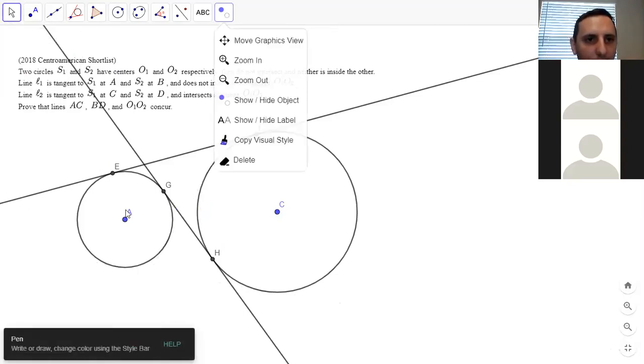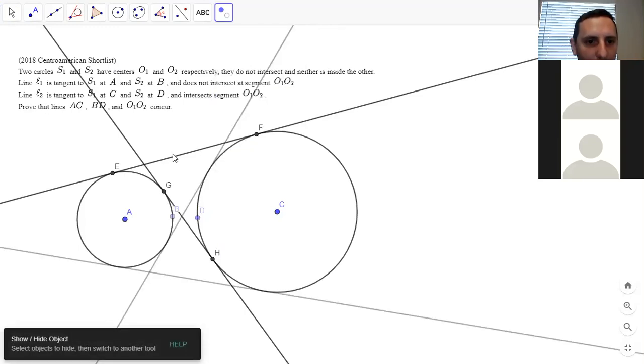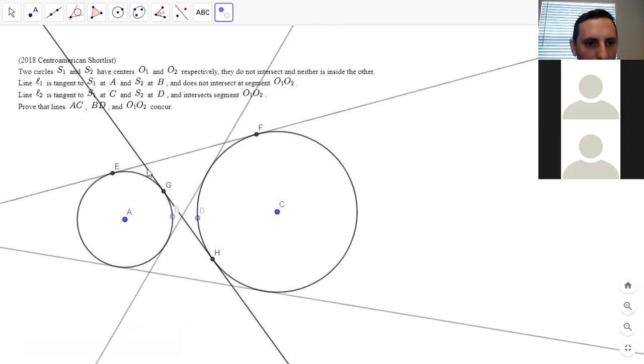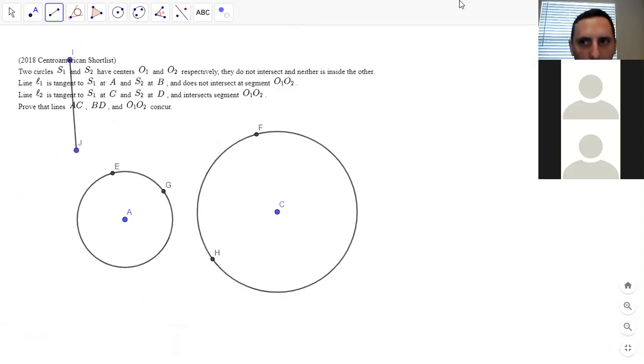I think we did something like this a while back. Yeah, we used this as a lemma in a problem. That's right. So yeah, this is this one.